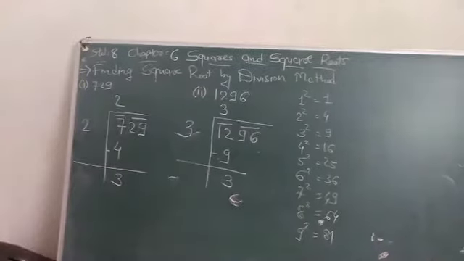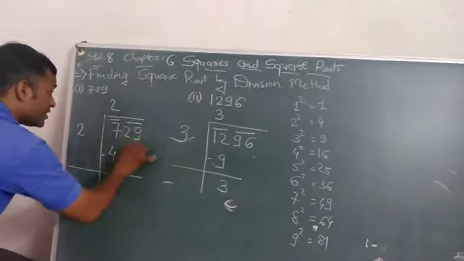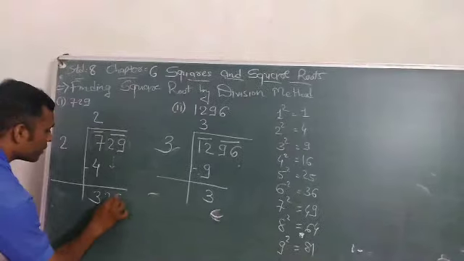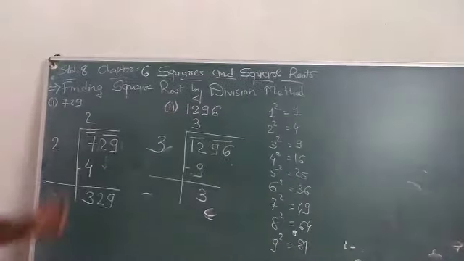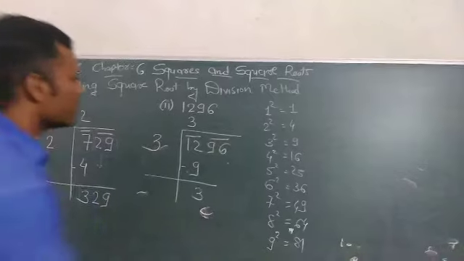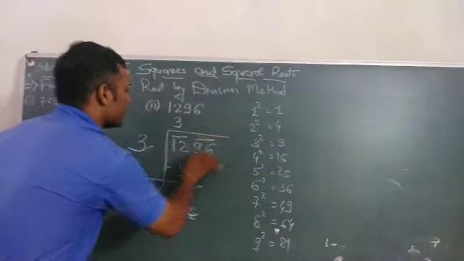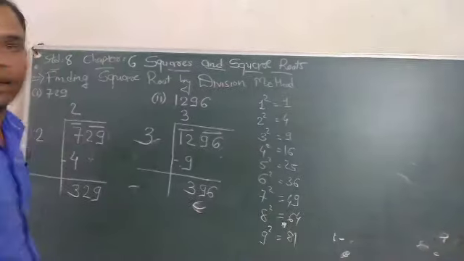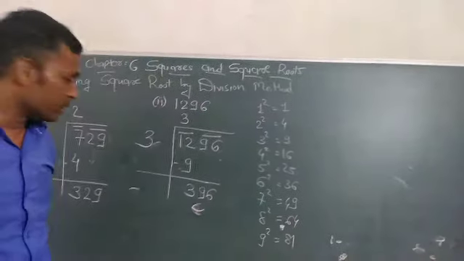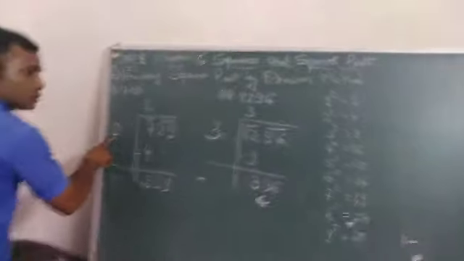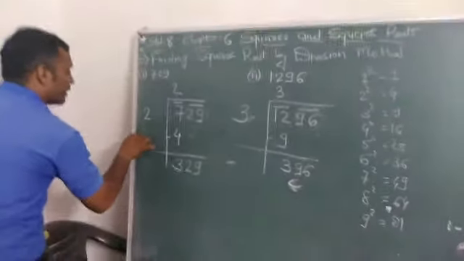Now the next pair is shifted down, 29. Combine. The combined number will be shifted downward. So now the combined number is 329, downward. Understand?